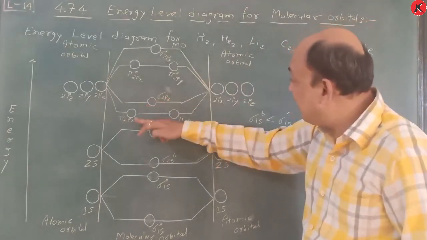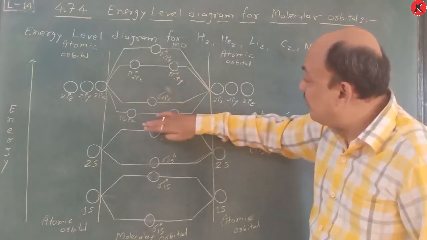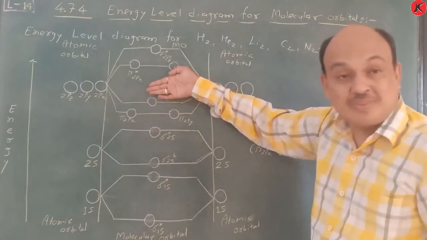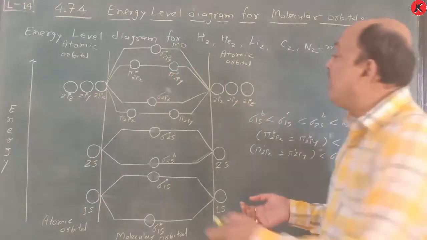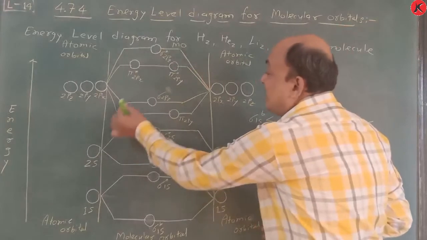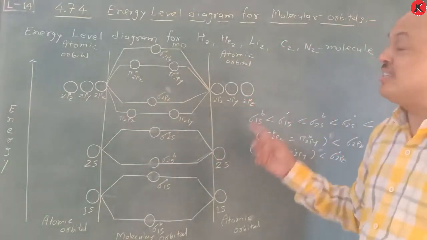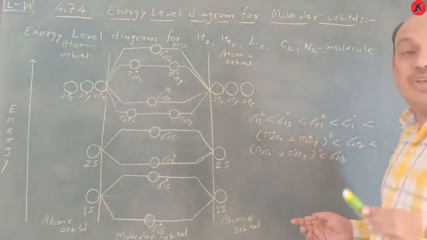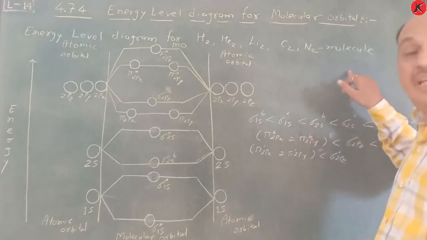Pi 2px and pi 2py move above the sigma 2pz orbital in one ordering, and below it in the other. So this changed energy level diagram is the true one for O2, F2, Ne2.